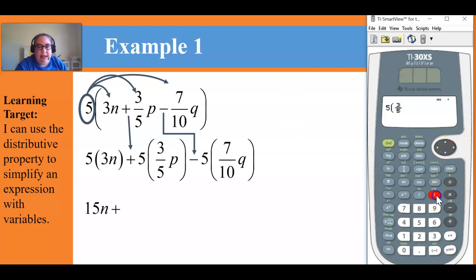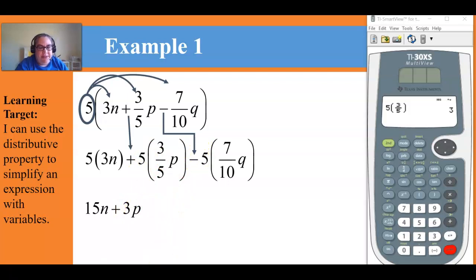So basically on my calculator, I just type it exactly as I see it, except on the calculator, I don't put the variable in. The calculator is just used for multiplying the numbers, the 5 times the 3/5. So when I write my answer down, that's just going to be 3p.